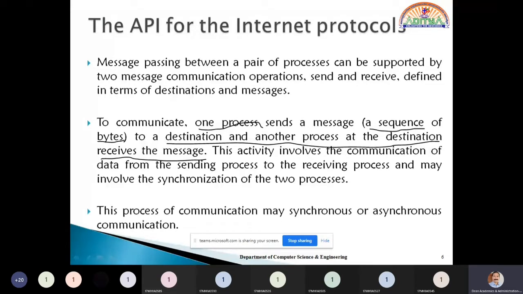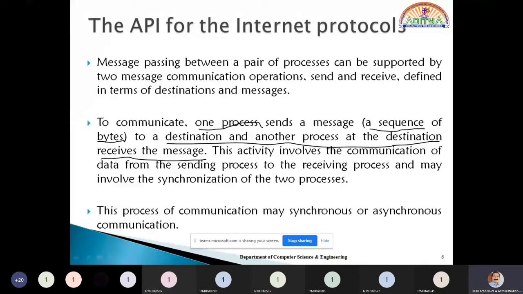So why do we require synchronization? Because both the systems which are communicating, computer A and computer B in a distributed system, where computer A is the sender and B is the receiver, it means the communication is not happening between the computers. Actually, the communication is happening between two processes which are executing on two different computers.